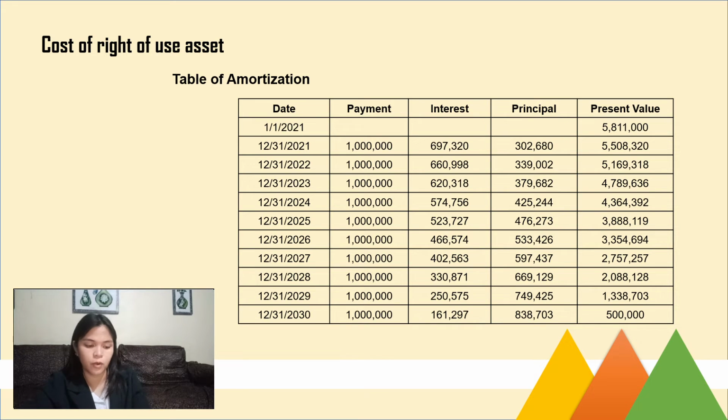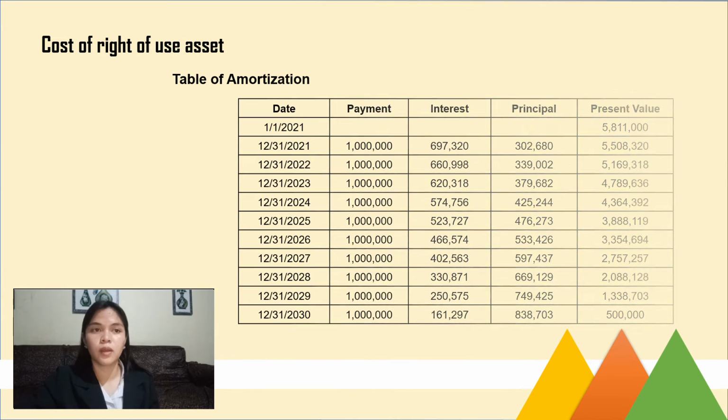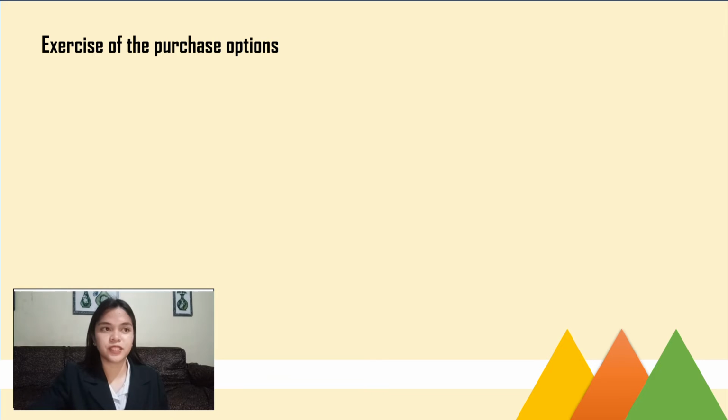Then, yung present value is the balance of the lease liability, which is the preceding present value minus the principal payment. So, on December 31, 2021, 5,811,000 minus 302,680 is equals to 5,508,320. Exercise of the purchase option.